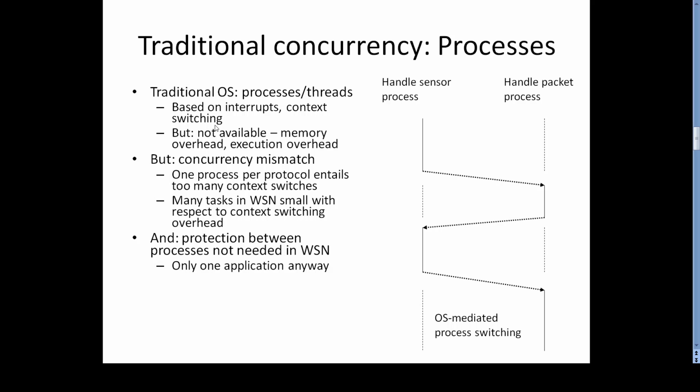But this is not available because it will burden the memory, so there is memory overhead, and also execution overhead. See in this figure, we have a handle sensor process and a handle packet process. Switching from the handle sensor process to the handle packet process, we are going to use the switching.